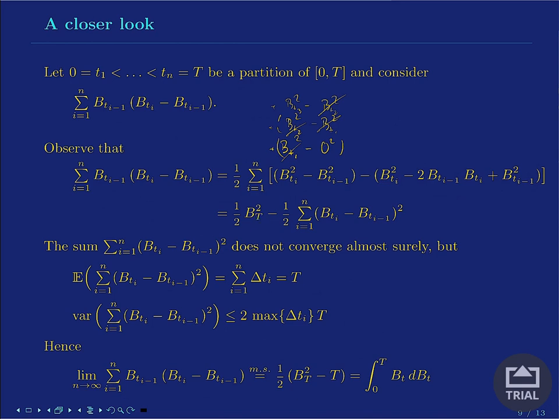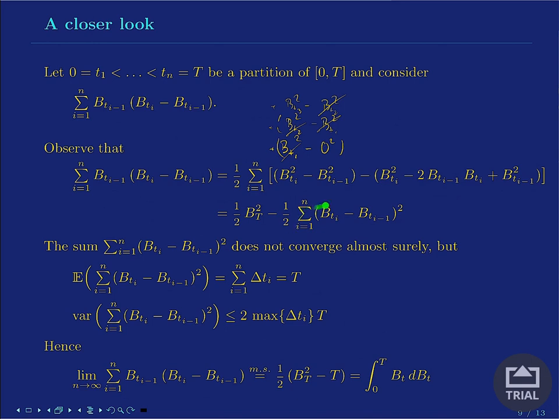For the other term here, as I said, that is by construction the second binomial formula, so we can write it as the increment squared and summed times a half.